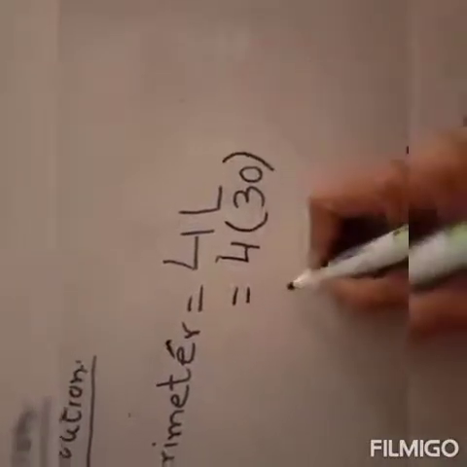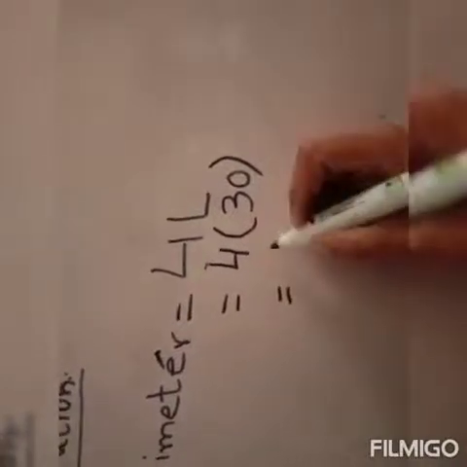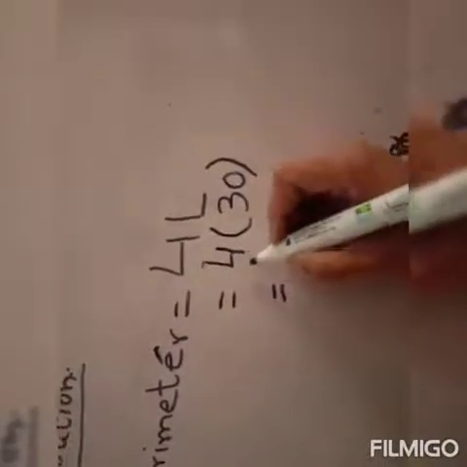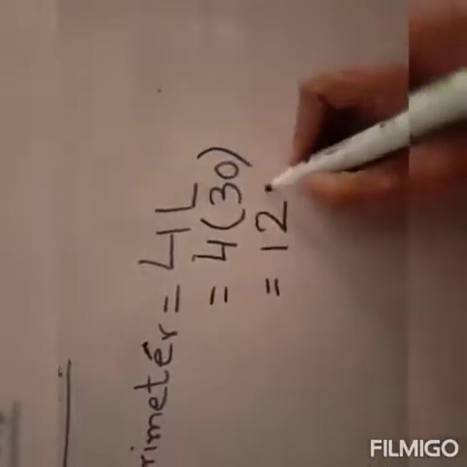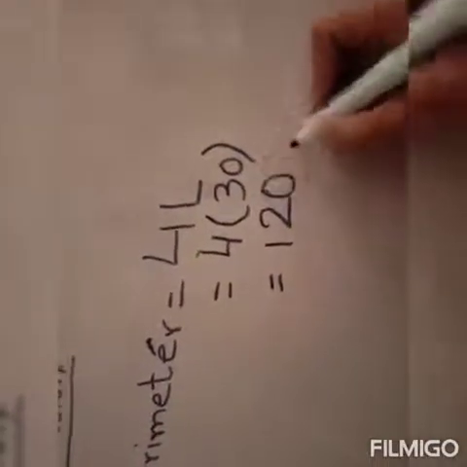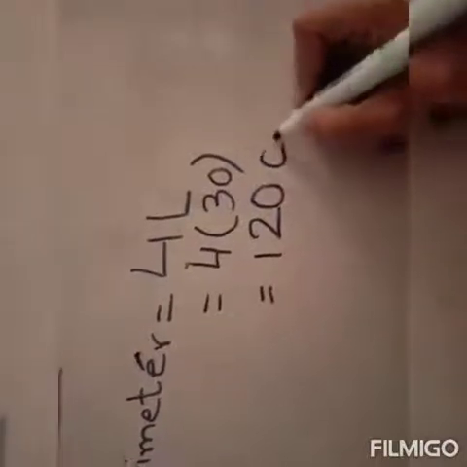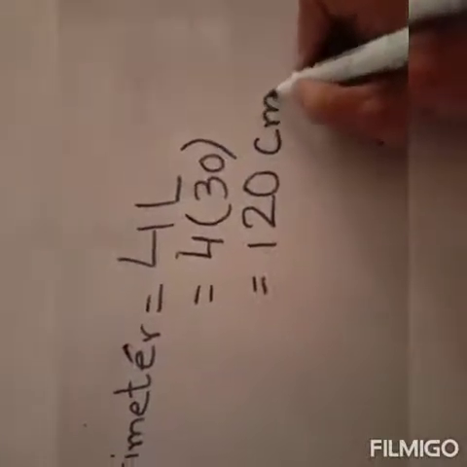So students, we can multiply directly. 4 3s are 12 and 4 zeros are 0. So 4 into 30 is equals to 120 centimeter. Because the unit in the side is centimeter, in perimeter it will also be centimeter.